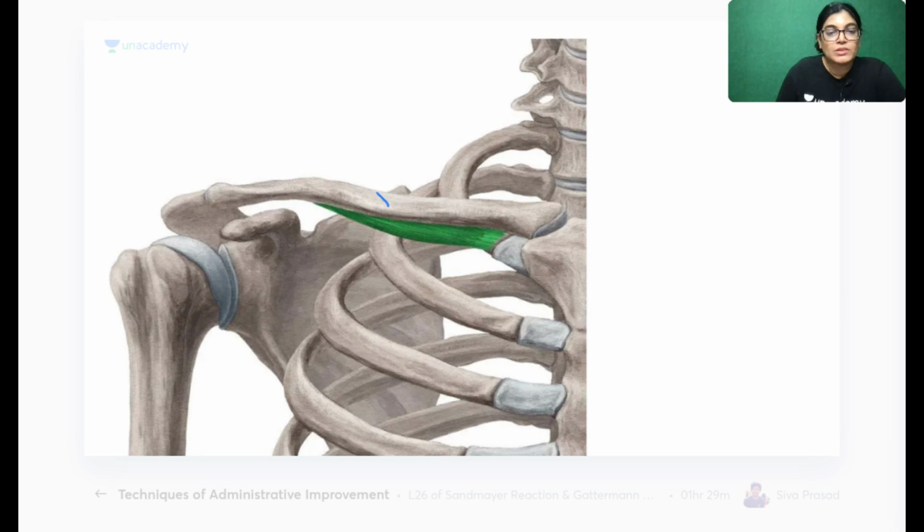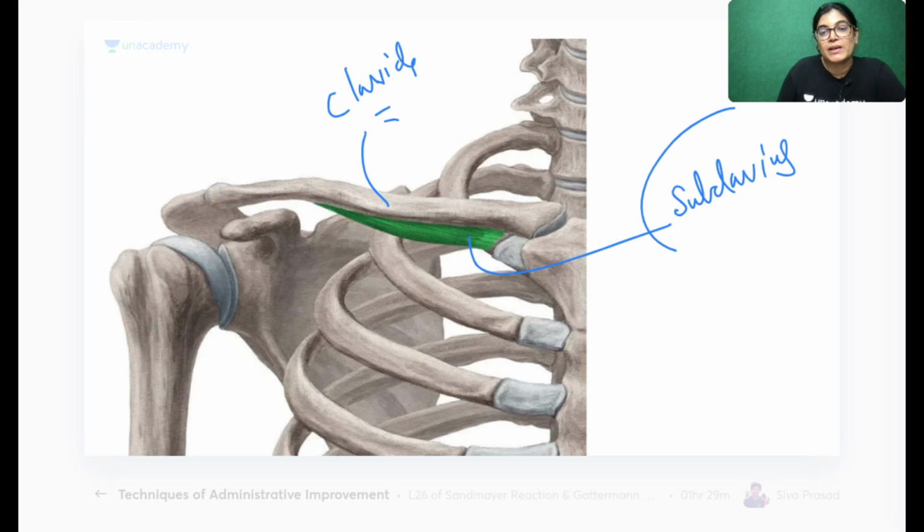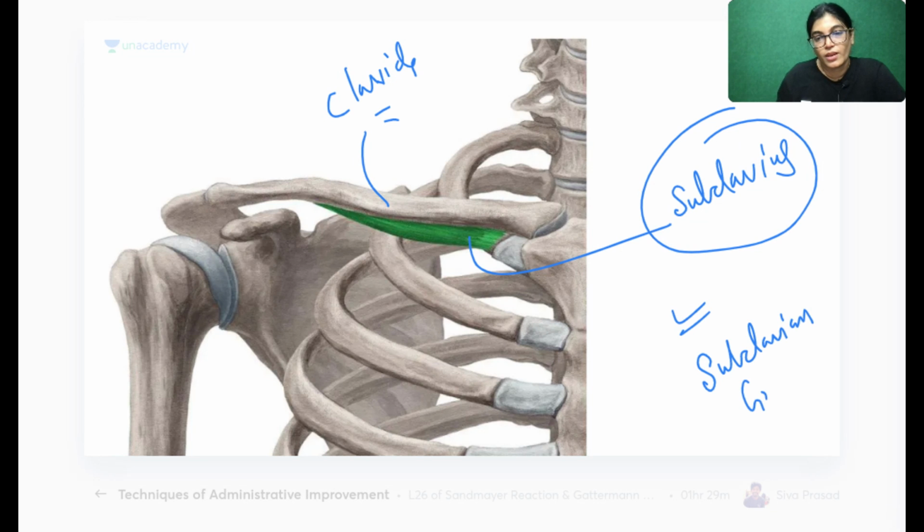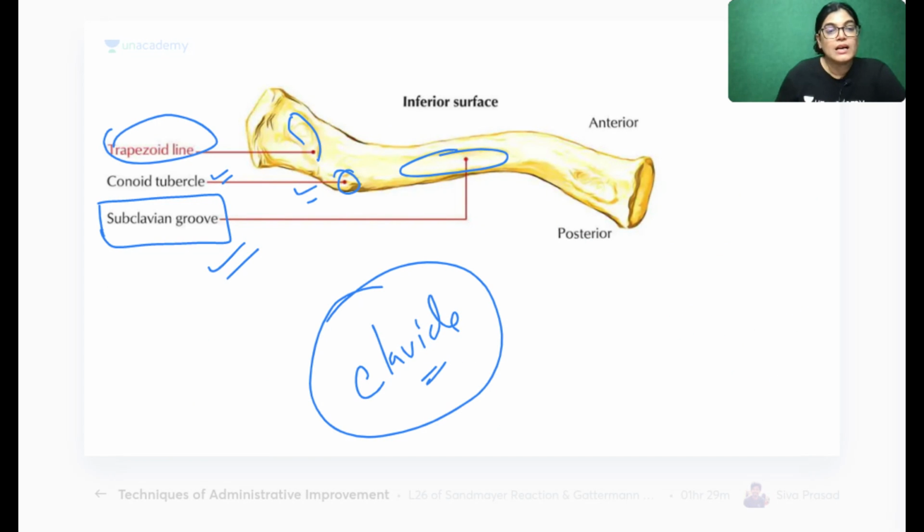Now this is the clavicle bone, and on its inferior aspect, the green colored muscle is the subclavius muscle, which is located in the subclavian groove. And here the conoid and trapezoid parts, as seen on the inferior surface of the clavicle, are giving attachment to the conoid and trapezoid parts of the coracoclavicular ligament. Is it okay, Stuffy?